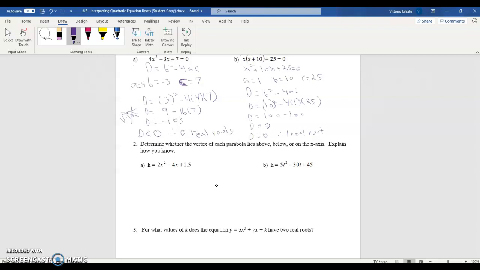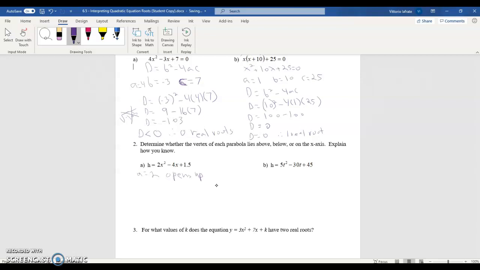And also, how can you relate that to the discriminant? So, first of all, what I want to do is find the opening of the parabola. So the opening, we look at the a value. A in this case is 2. It's positive 2, so it opens up, opens from the top.